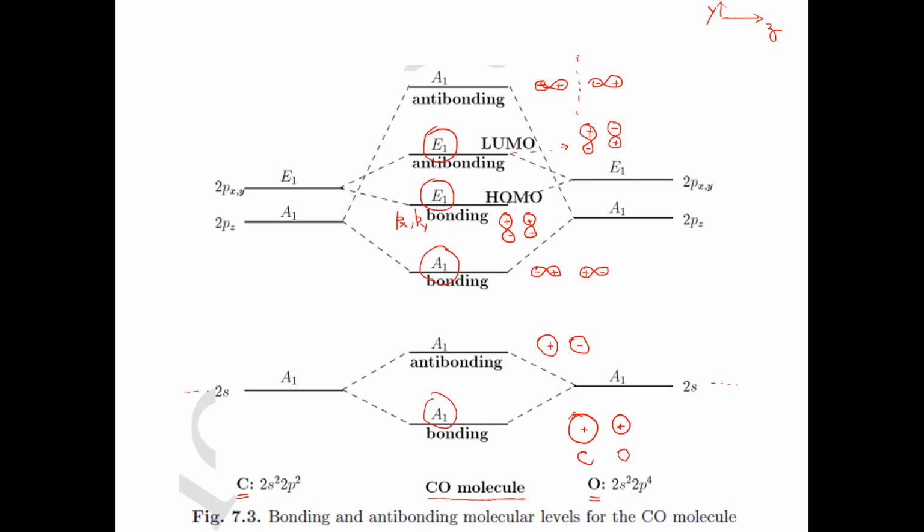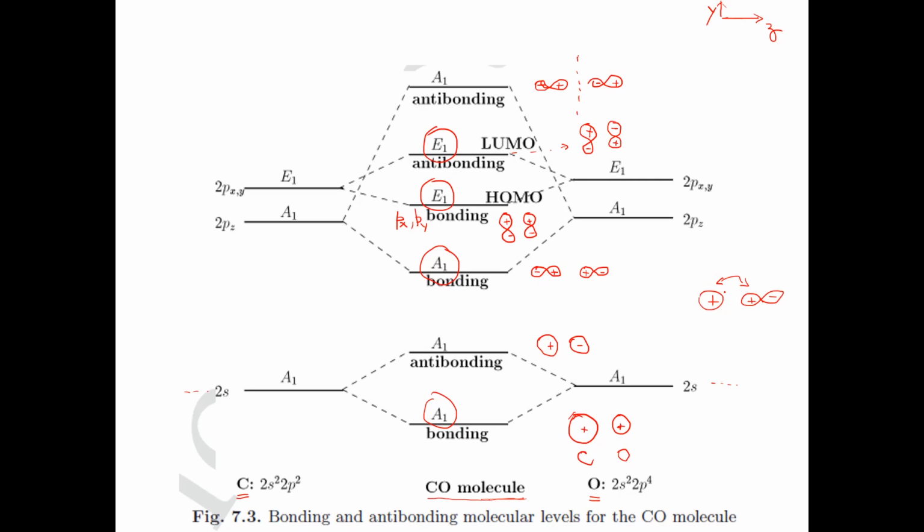So this picture shown here is actually approximate, because this molecular state, this A1 Pz, can have a certain component of A1 S as well, okay? Because S and Pz orbitals can mix and make linear combinations.